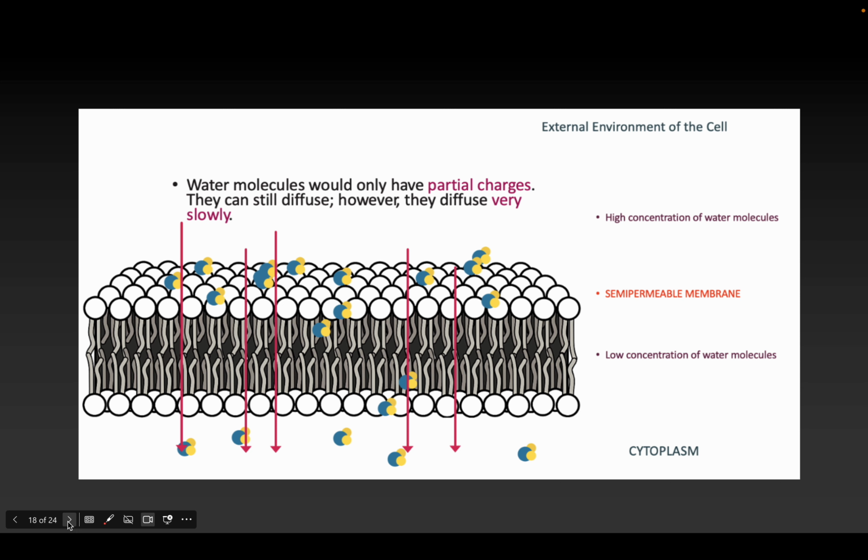So for water, even though it only possesses partial charge, it might still have some challenges diffusing simply across the plasma membrane. But as the universal solvent on our planet, water still diffuses across cell membranes, but very slowly. So remember that.